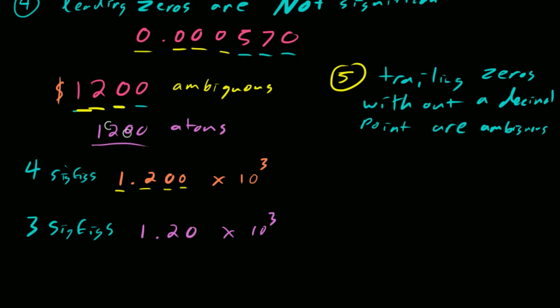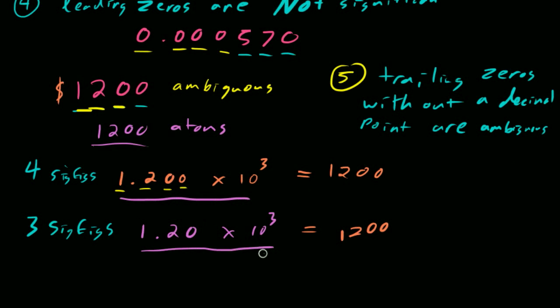So hopefully you can see, and again, it's good to just show yourself that if you were going to multiply these out, these would both look exactly the same. So you wouldn't be able to tell which had 3 significant figures and which had 4 significant figures based on this information. The only real way to tell is when you write it with scientific notation.